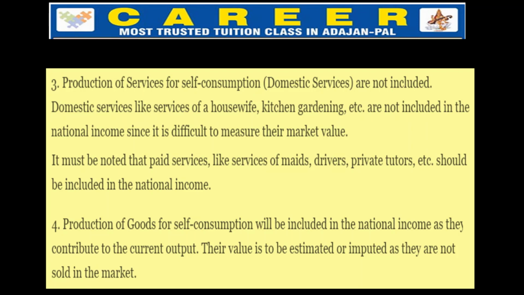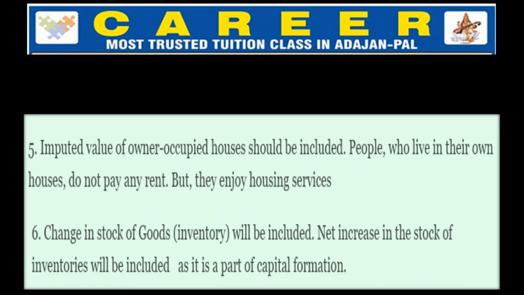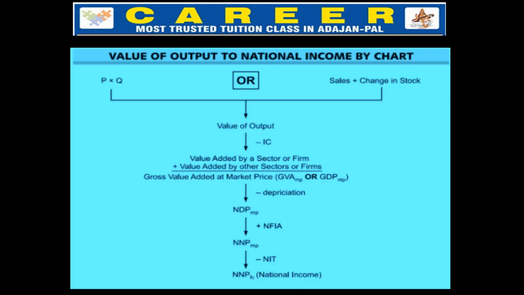Remember here, the value is to be estimated or imputed as they are not sold in the market. Imputed value of owner-occupied house is also included because the owner does not have to pay rent. Change in stock and inventory will be included in net increase. As there is a net increase in the inventories, it is included in capital formation.